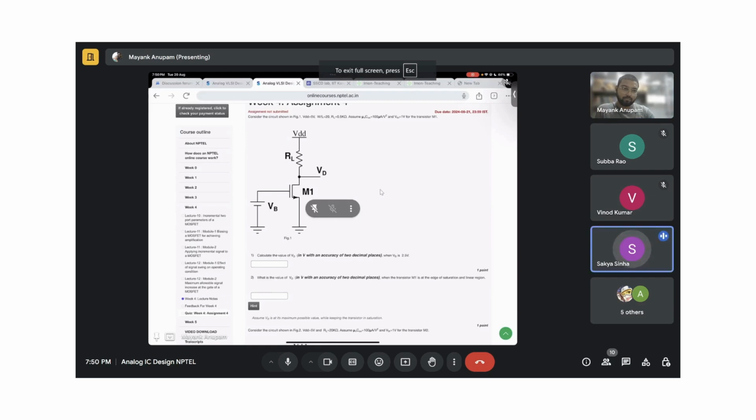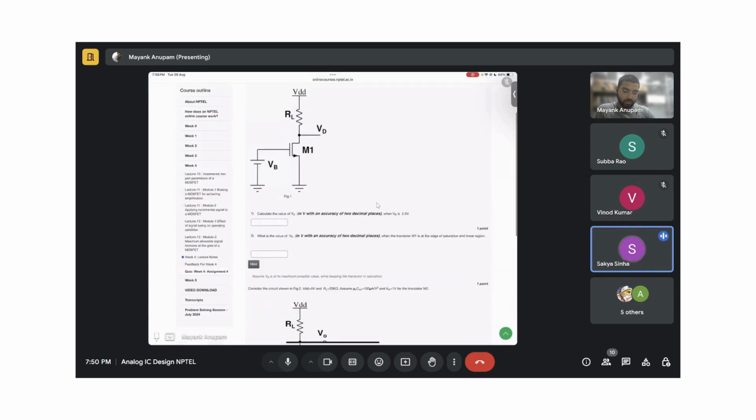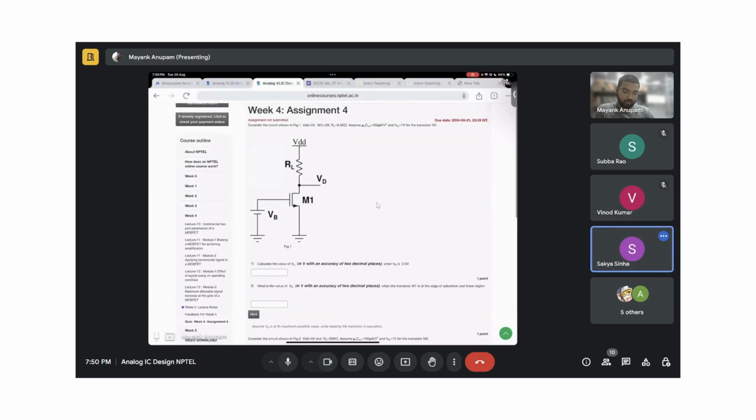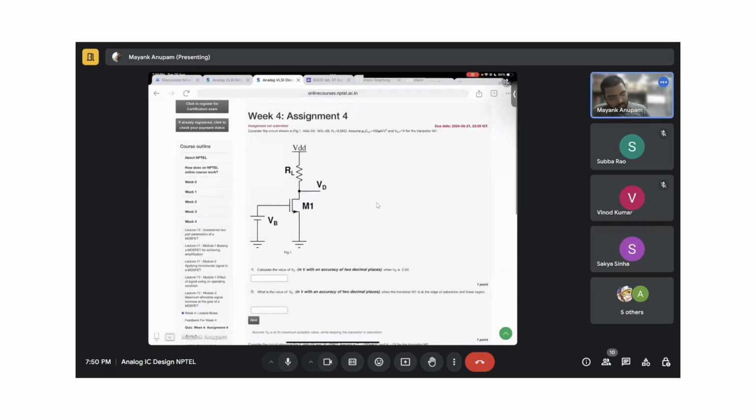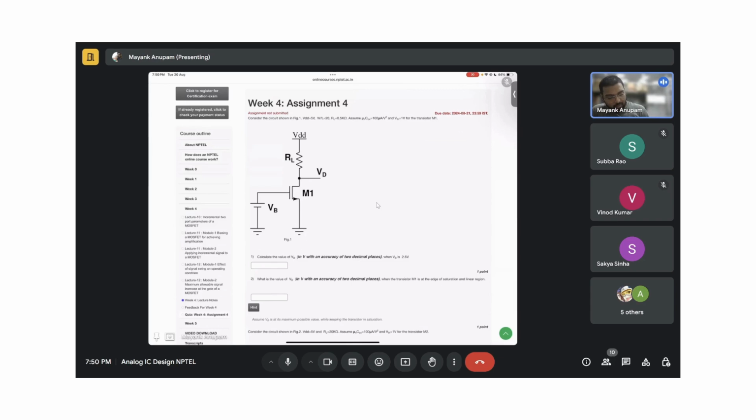I understand your discussion. That is completely fine, but not actually this question. Okay, let me think again. What I'm saying is, when you increase VB, in your discussion you already calculated VDS, IDS, and all the other parameters.